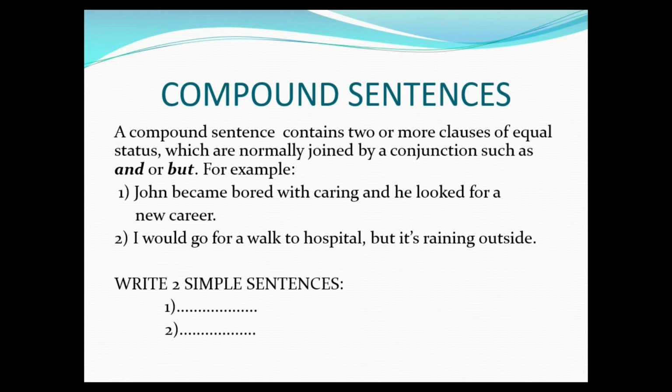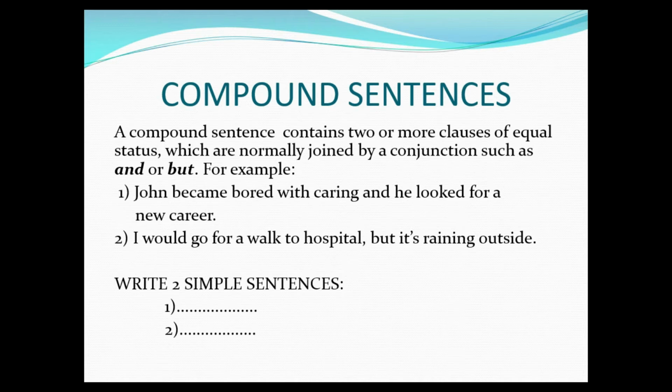For example, John became bored with caring and he looked for a new career. We use the conjunction and because the first clause and the second clause are similar. Okay, equal.